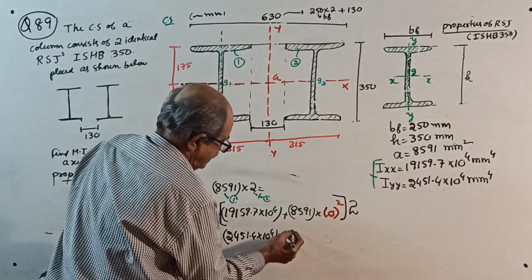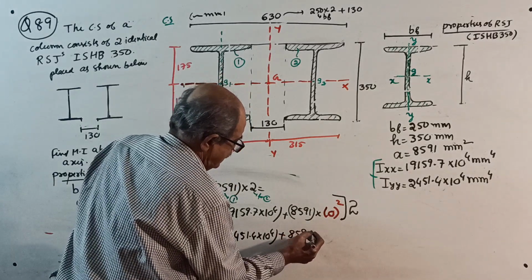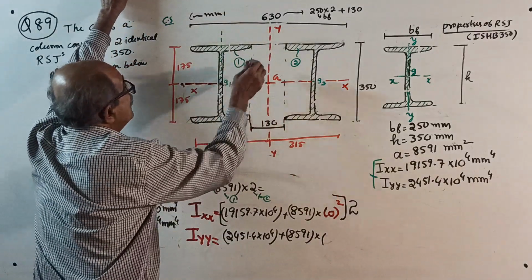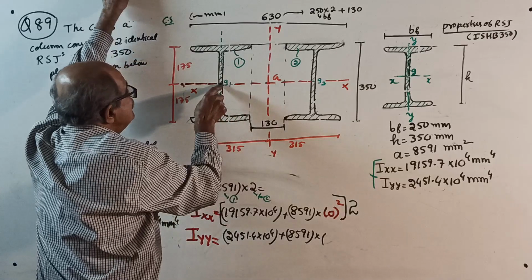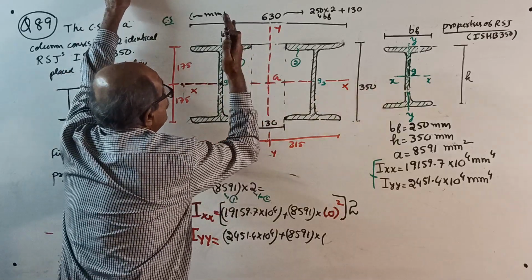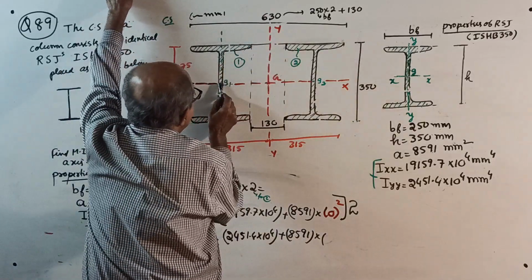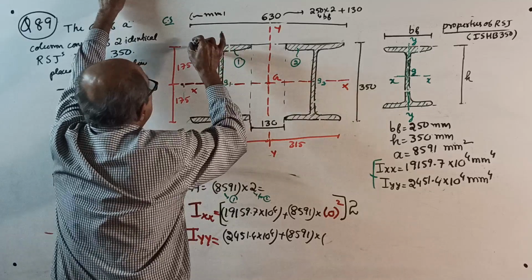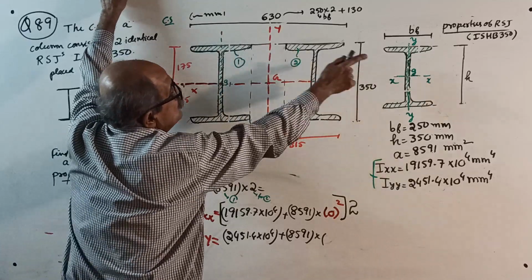Where is area? 8591 is the area, into the distance from centroid G1 to YY. See, this distance square. From YY, centroid G1 is outside YY, into this distance square. This is breadth of flange 250.